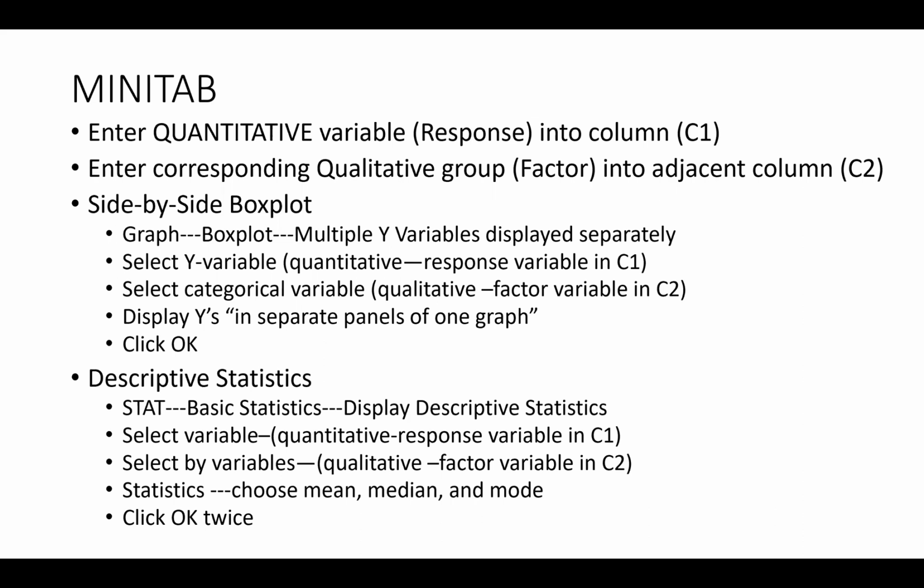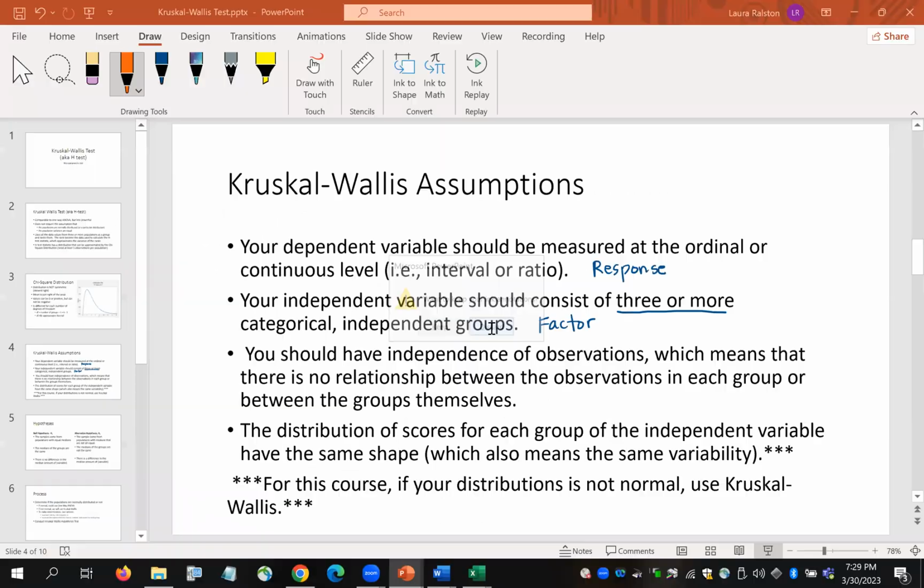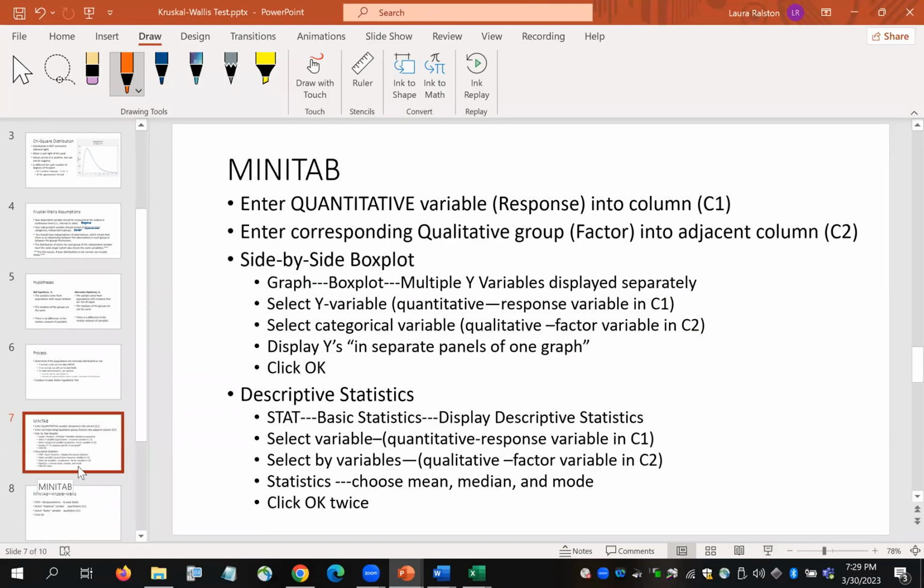For creating either the box plots or the descriptive statistics, whichever way you want to do it, the keystrokes for that are on slide 7, so we can determine if our distributions are normal or not.